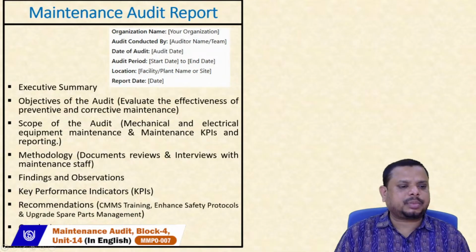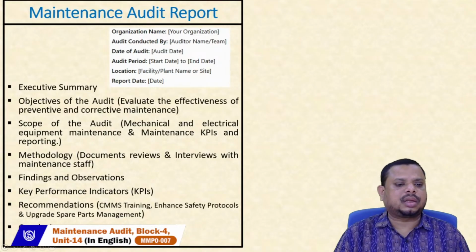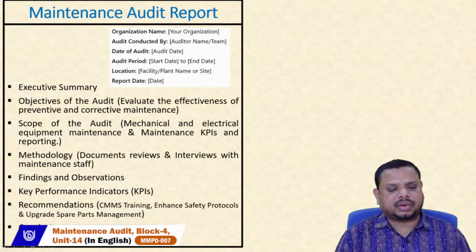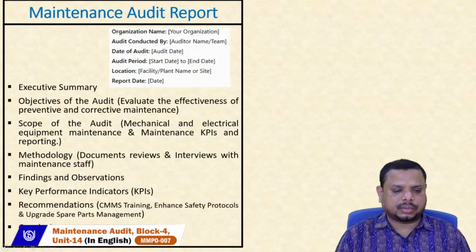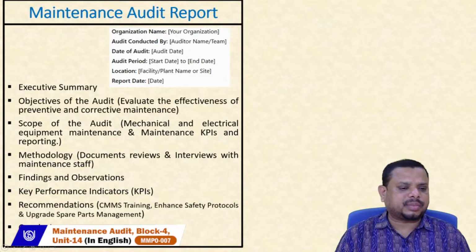The next one is key performance indicators. As far as key performance indicators are concerned, they basically include mean time between failures, the number of safety incidents, support for improved opportunities, and preventive versus proactive maintenance. All the key performance indicators should be mentioned under this particular criteria.